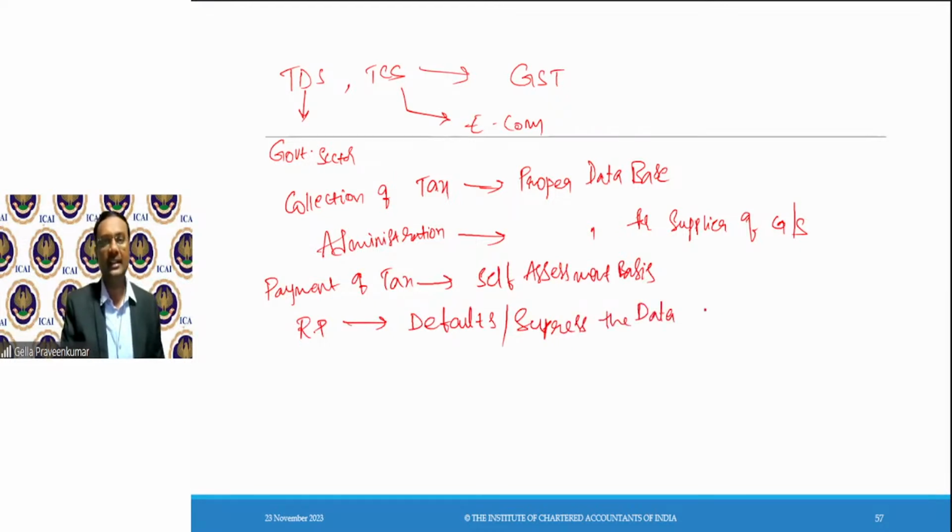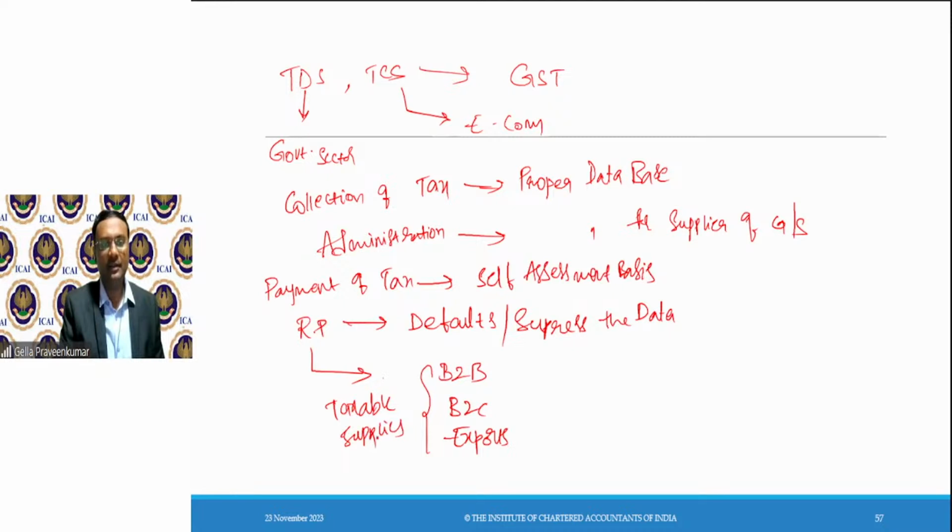For a moment, let us look at the transaction. A registered person who supplies: there could be supplies of B2B, supplies of B2C, supplies of exports. This is how I classify my taxable supplies.